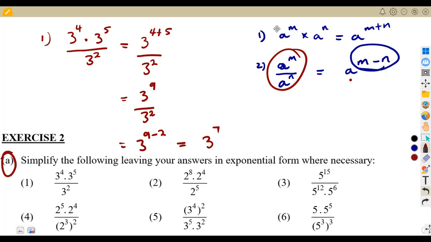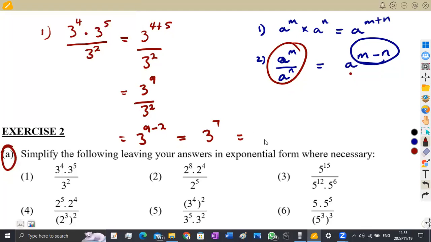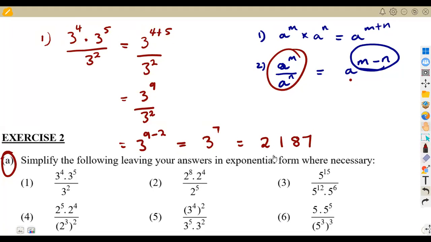So you can simplify 3 to the exponent of 7, which gives you 2,187. Meaning we can simplify these typical questions whenever they are separated that way.